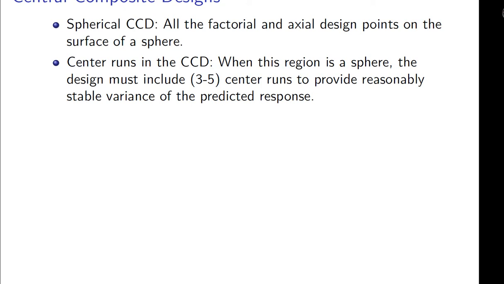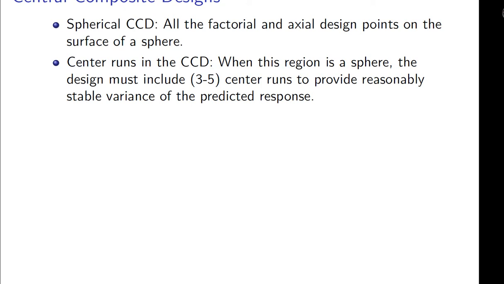Okay, now let's talk a little bit about the center runs. If you have a spherical central composite design, you must have somewhere between 3 to 5 center runs to stabilize the variance. Now, I've talked about the number of center runs in the context of fitting the second order surface, and that in fact is true. But remember that the number of center runs is on the order of the number of fractional factorial points.